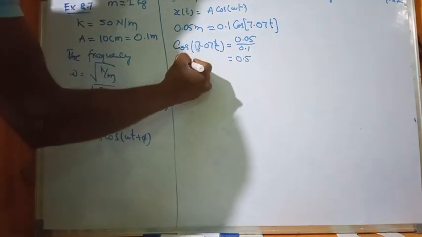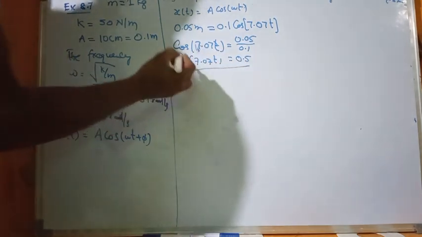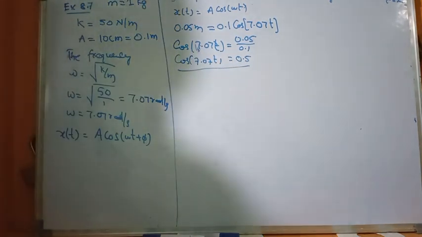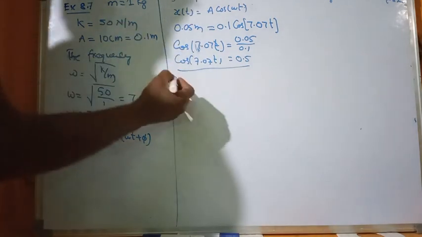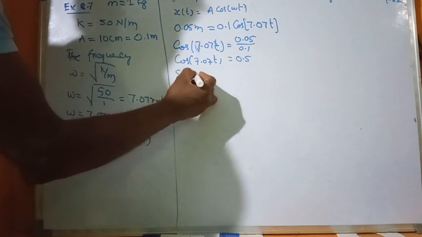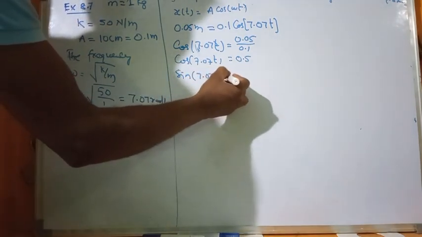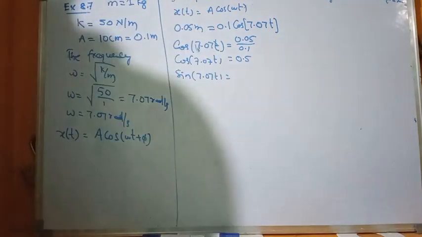From this we can also write sine of 7.07 t, because we will use it later.